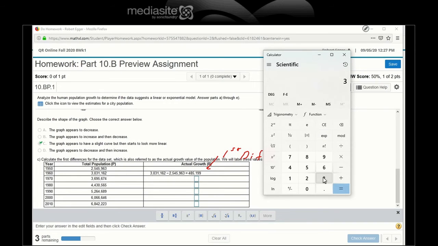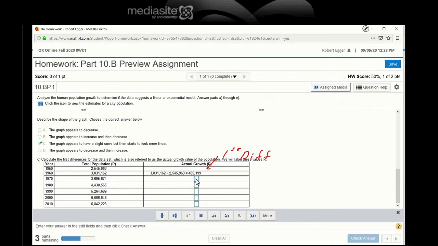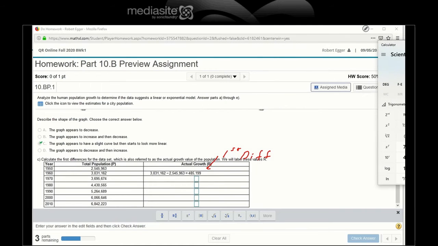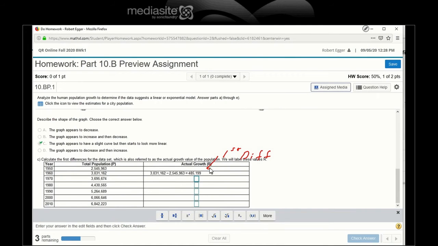So 3,695,674 minus the previous year's 3,031,162. Oh, it went away. I can fix that. I can see it: 664,512.